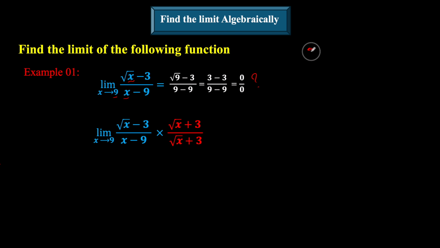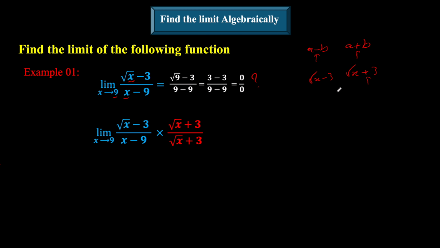So a minus b, what is the conjugate of a minus b? It is a plus b. We change only the sign. So what is the conjugate of the square root of x minus 3? You just change the sign from minus to plus, so you take the square root of x plus 3.